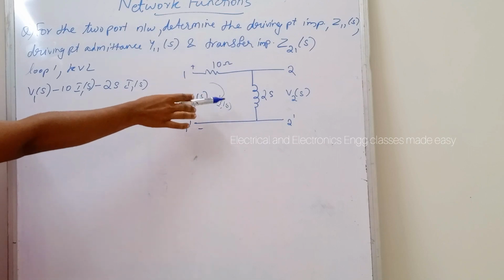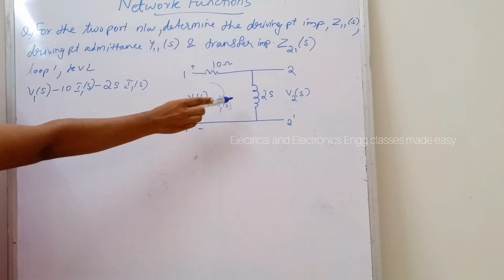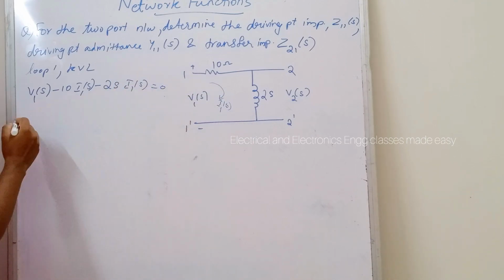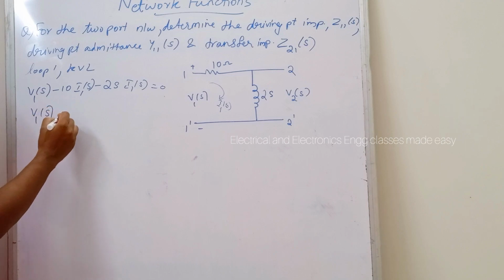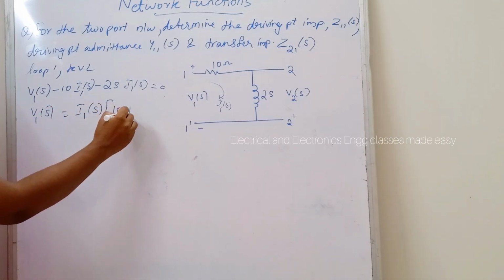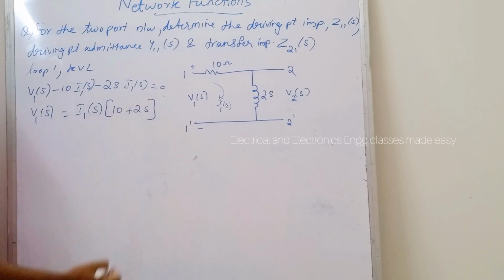So it will be I1 of S through this 2S inductor, and that is equal to 0. That is, V1 of S equals I1 of S into 10 plus 2S.